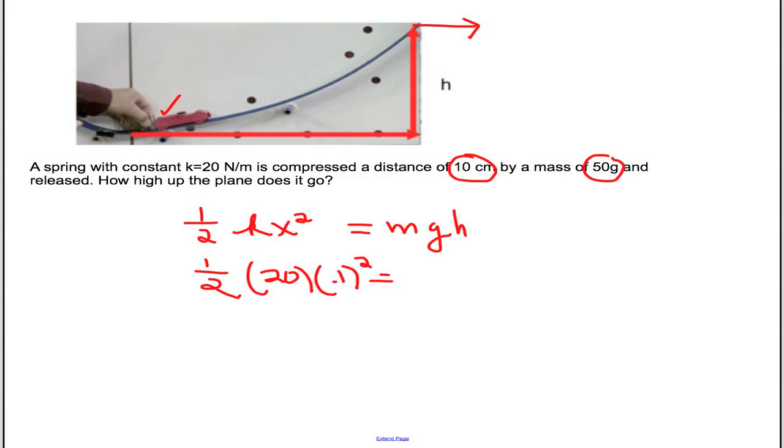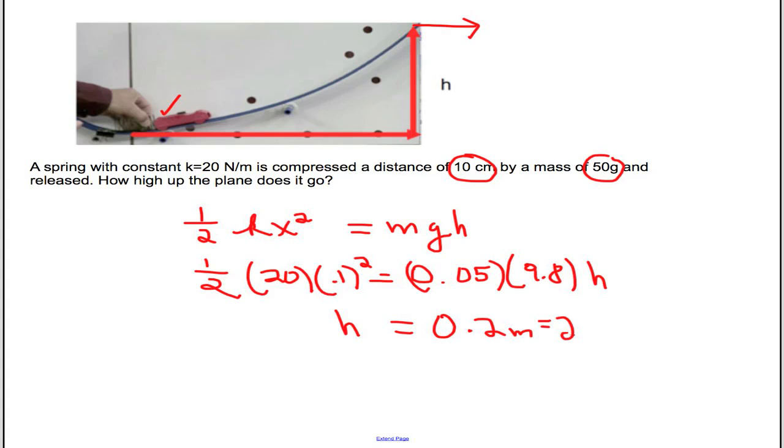So 50 grams is equal to 0.05 kilograms times g, let's use 9.8 here, times h. Now you solve this equation for h, you should get approximately 0.2 meters or 20 centimeters.